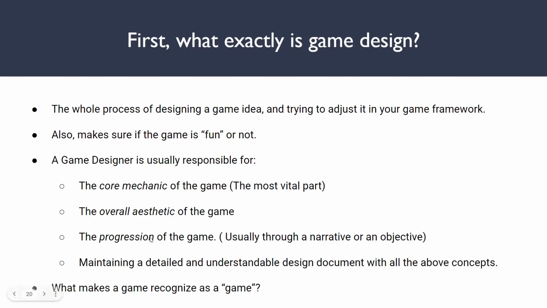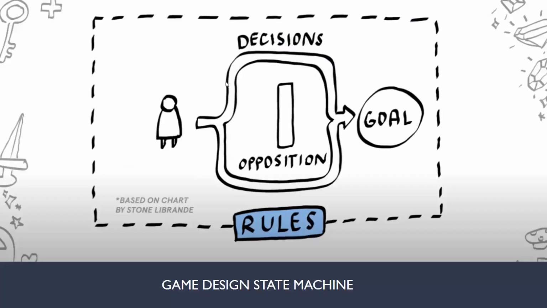So what makes a game recognized as a game? What is the difference between a movie and a game? If somebody asks you that, there are a few parameters for a game, right? A game has certain elements. You have an actor, a player who gets spawned, who has an end goal.